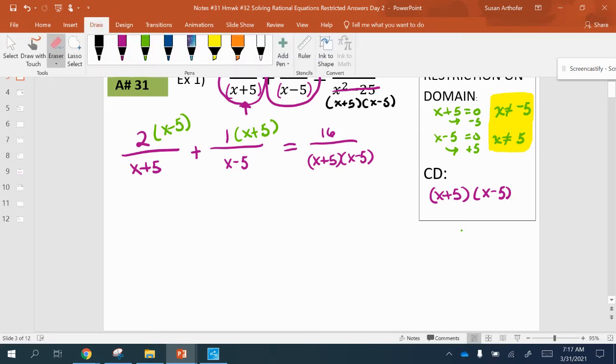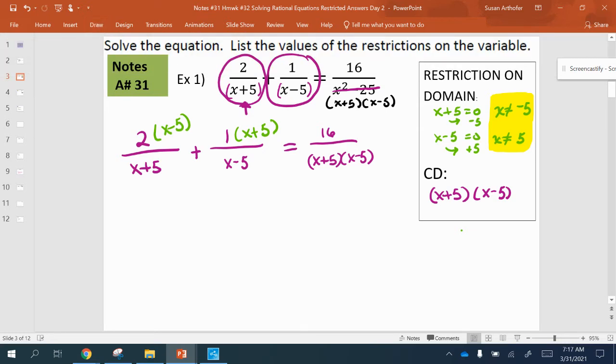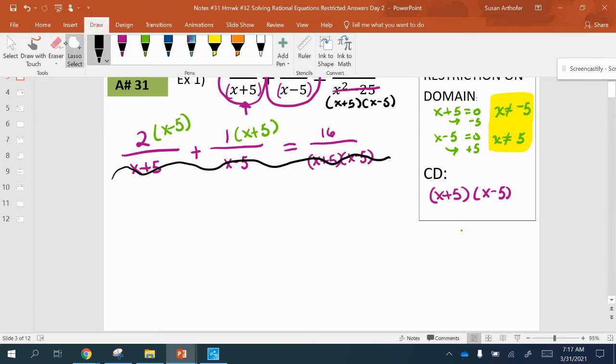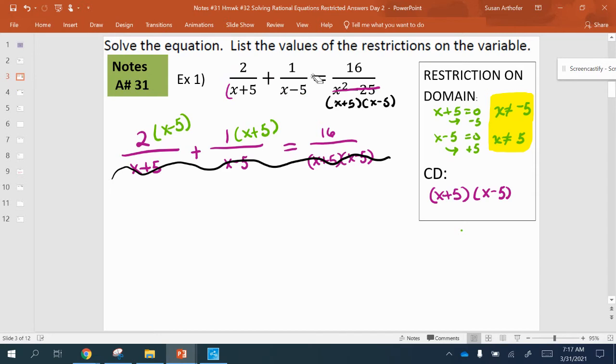Okay. Once you've done that, multiplied the top by what's missing, the denominators disappear. So now you're just going to wave these out. They disappear. And you're just going to do the numerator or the top. So you're going to figure out what is the common denominator.